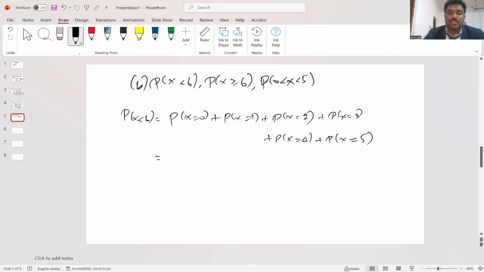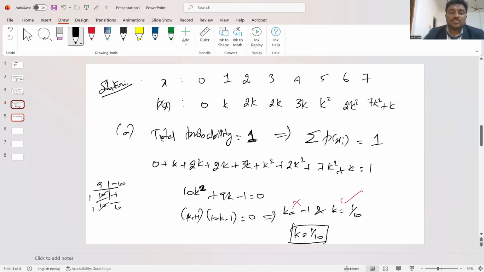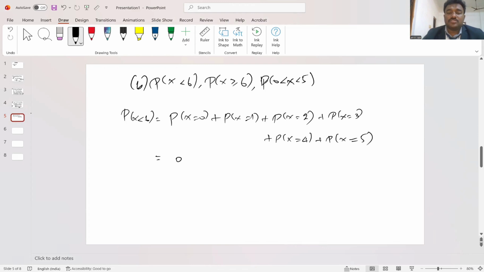So now we have to look at the values here. The values are 0, k, 2k, 2k, 3k, and k square, right? So it is 0, k, 2k, and one more 2k, then 3k, and then k square.